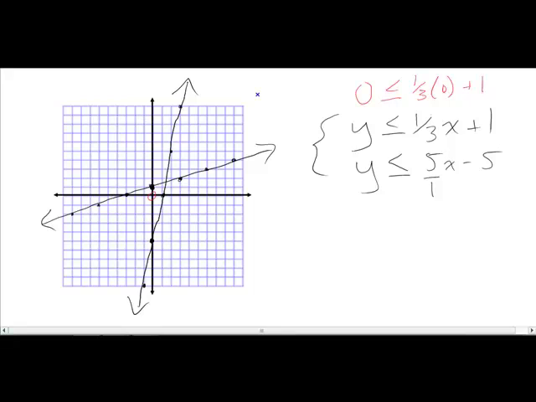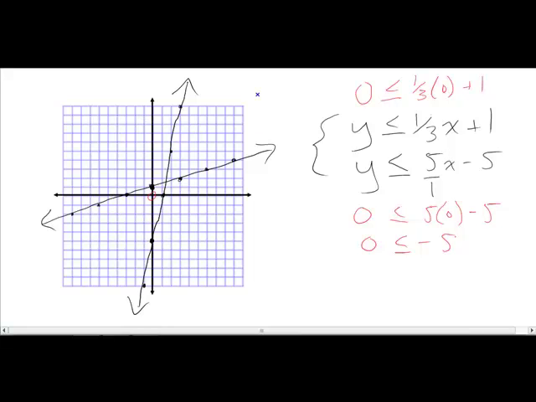That's 0 is less than or equal to 1, a true statement. Yep, that works. But if I plug it into the bottom one, 0 is less than or equal to 5 times 0 minus 5. That gives me the statement 0 is less than or equal to negative 5, and that is not true.